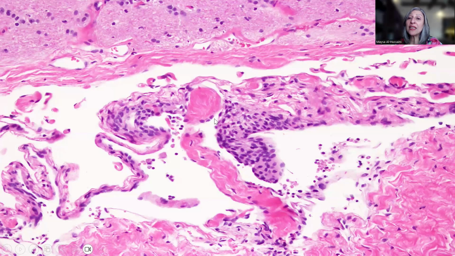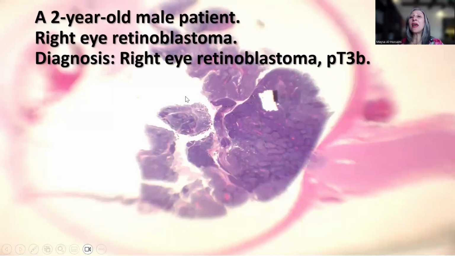These are the meningothelial cells of the meninges, which means that infiltration of the optic nerve, especially post lamina cribrosa, would automatically mean there is a high risk for involvement of the central nervous system. This is why it's extremely important to look meticulously for any evidence of invasion of the optic nerve, and then decide on the level of infiltration, because the optic nerve is in direct continuity with the central nervous system, and this is considered a very high risk feature.